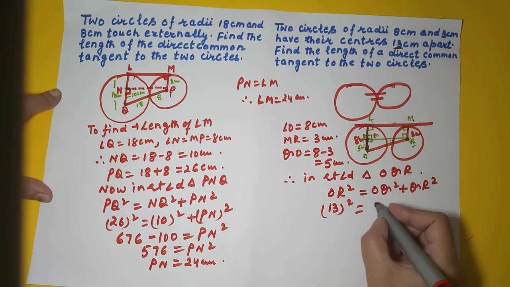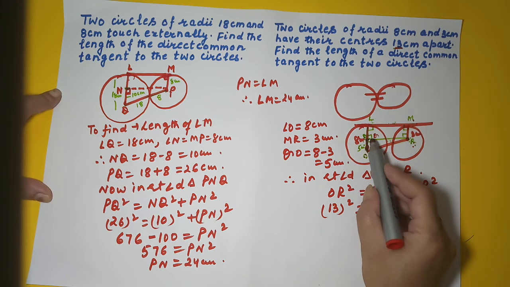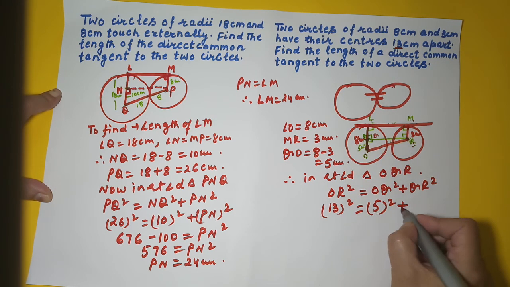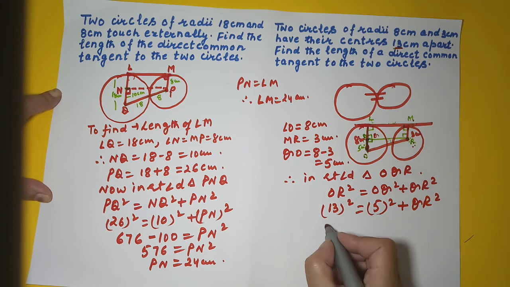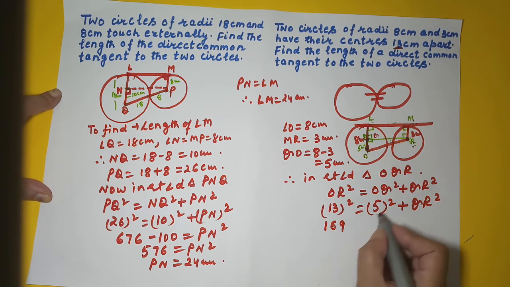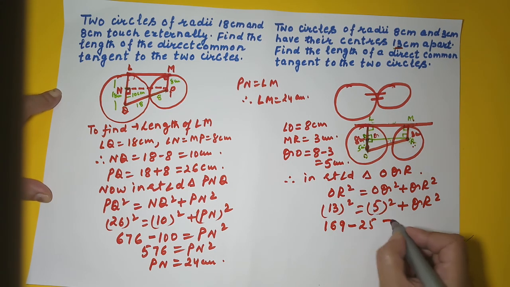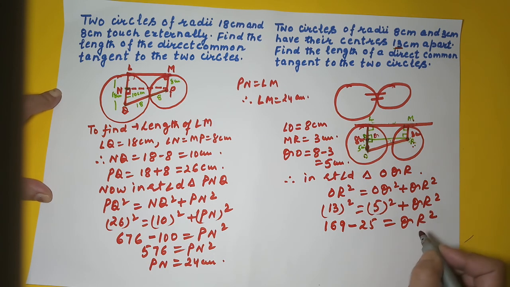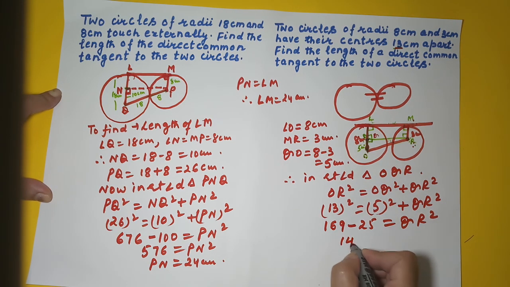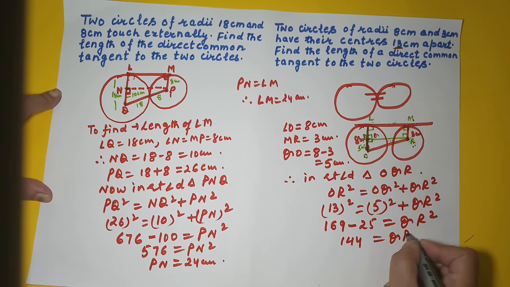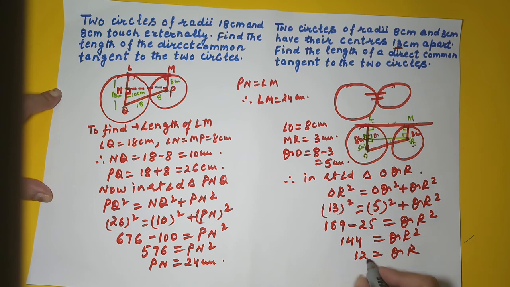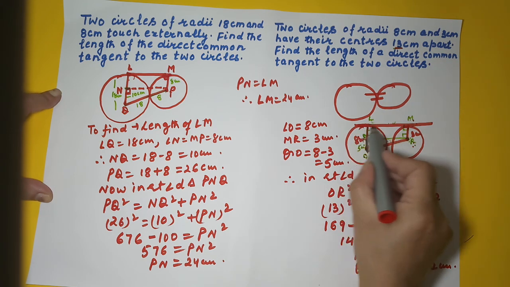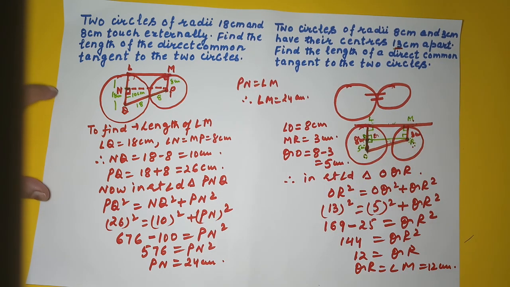OQ we have found 5 centimeters, and QR is something that we are looking for. So 169, if I shift this here, minus 25 equal to QR square. So 144 is equal to QR square. So 12 is equal to QR, but your QR is equal to LM is equal to 12 centimeter. So you have found the length of the direct common tangent.